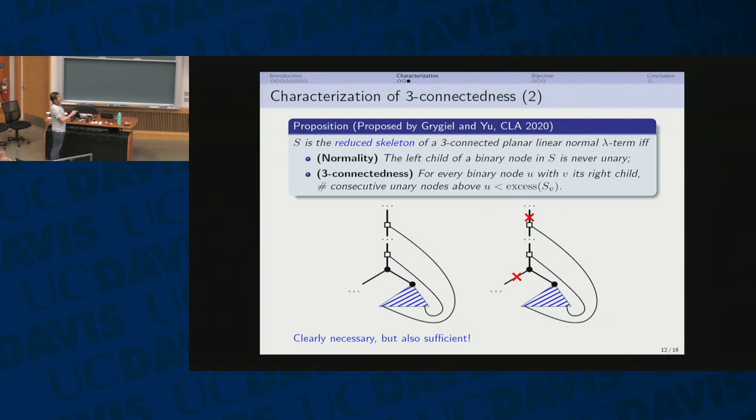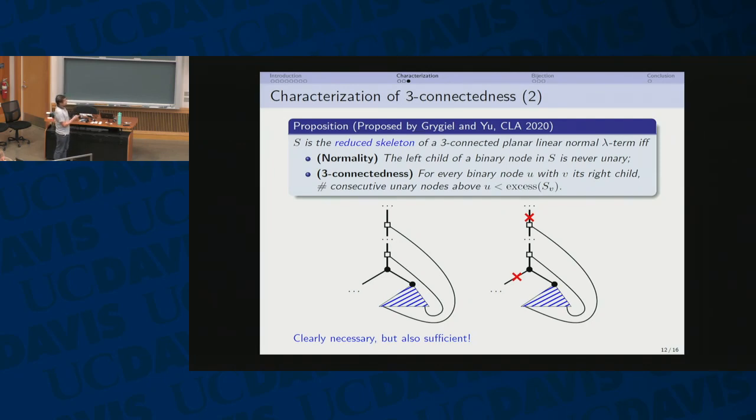The second condition is really for free connectedness. If we take a binary node like this and count the number of consecutive unary nodes above it, this should be strictly smaller than the excess of its right subtree. Why?